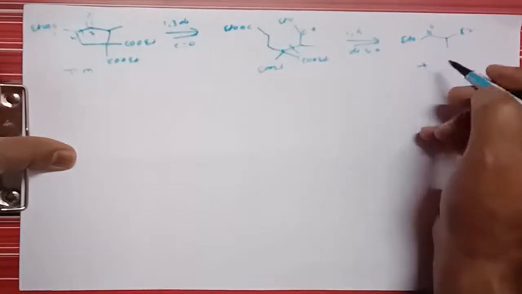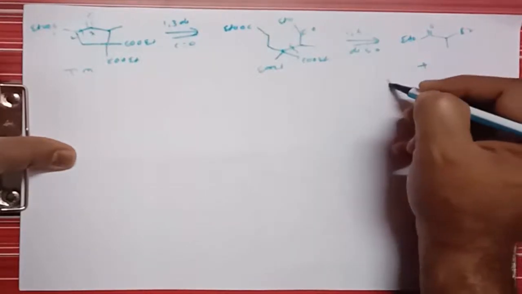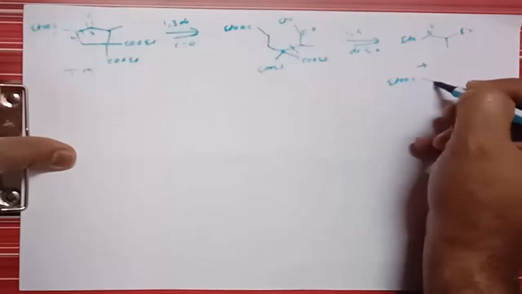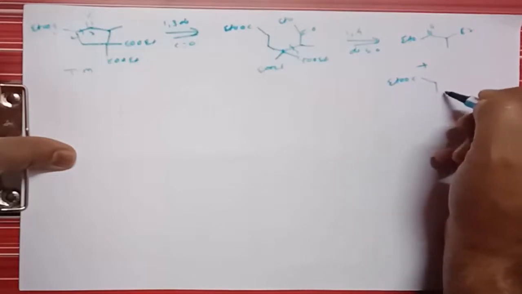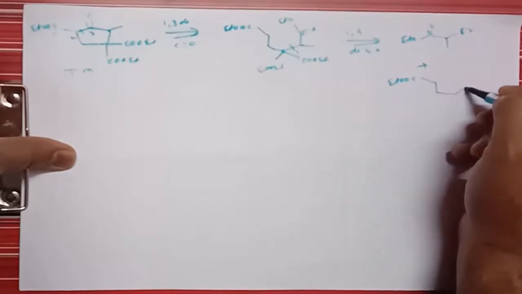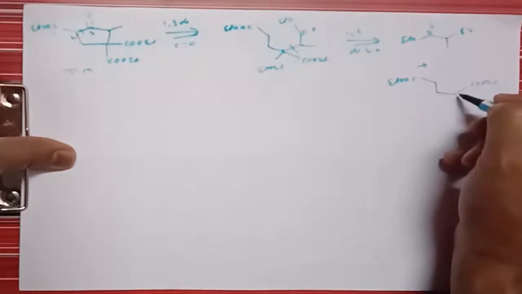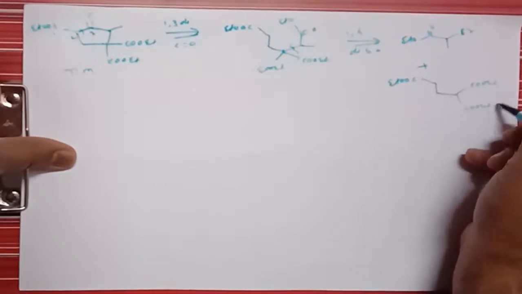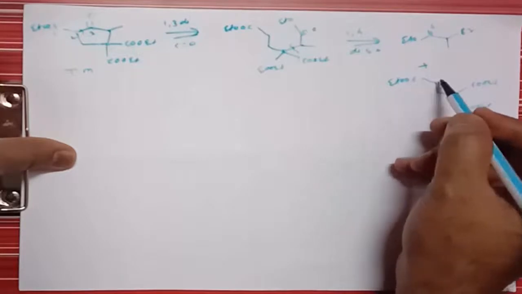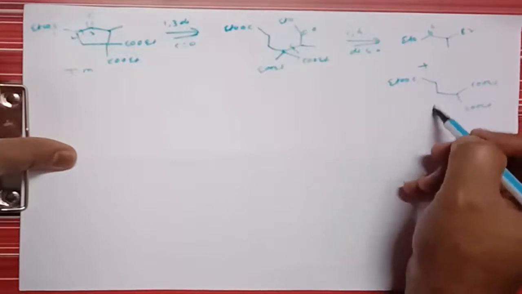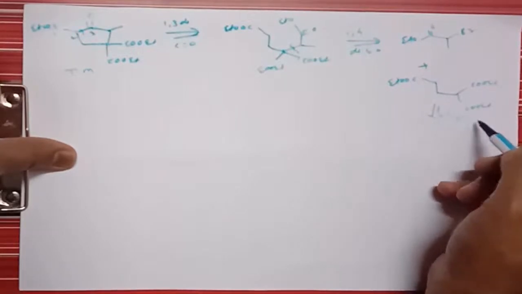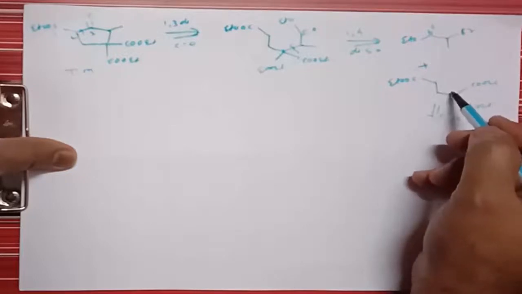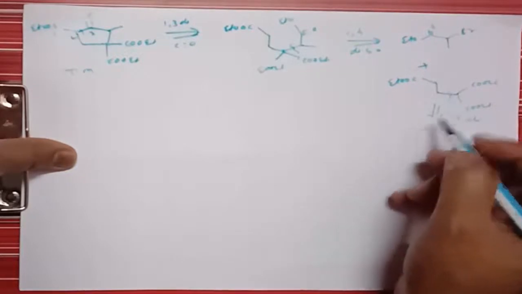It gives formation of a remaining group, that is COOEt, CH2, then CH2, then CH, COOEt, COOEt. Now if you see, it is 1, 2, 3, 4, 5, a 1, 5 dicarbonyl compound. Then we can break the molecule at this position, and what it gives?